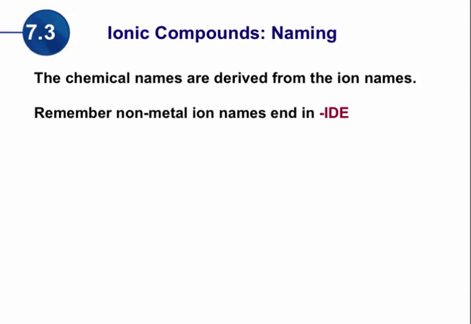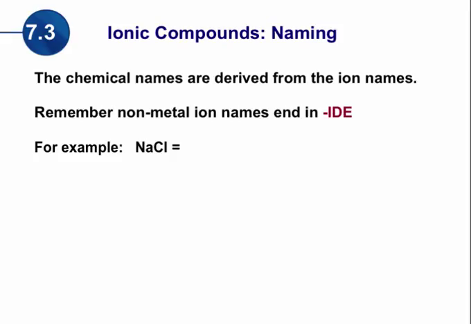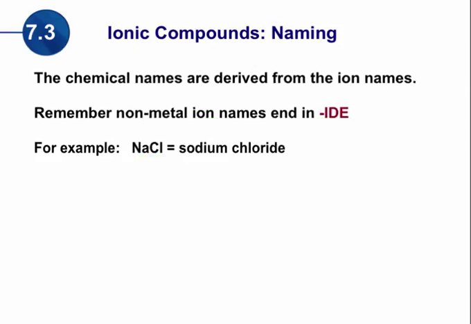So let's look at an example. Here is NaCl. This is sodium with chlorine. But chlorine is a non-metal ion, which means it's going to end in IDE, so we actually get sodium chloride.